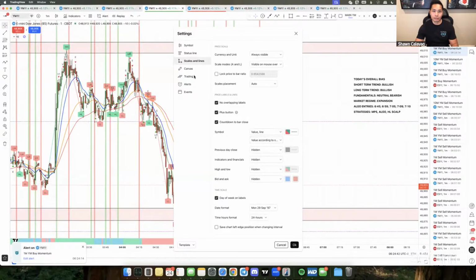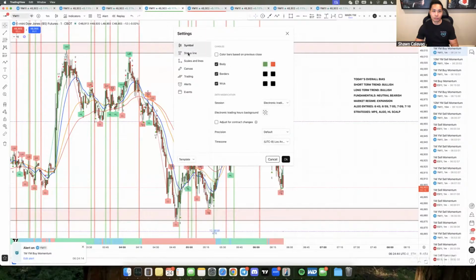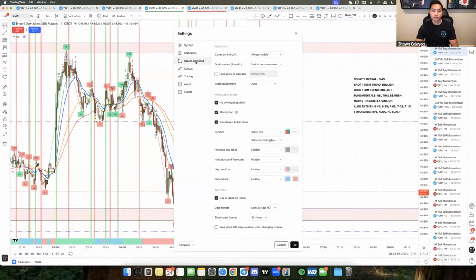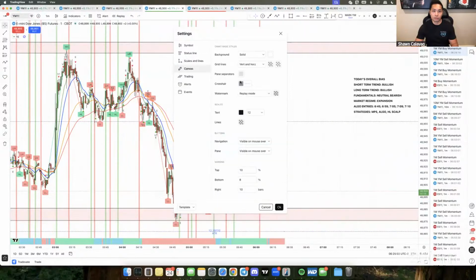Not that it's a big deal, but I'm just used to seeing the watermark in the back. Let me see if I can turn it on. Yeah, I really hate when TradingView updates stuff, but they don't give you an update. So like, you don't know.